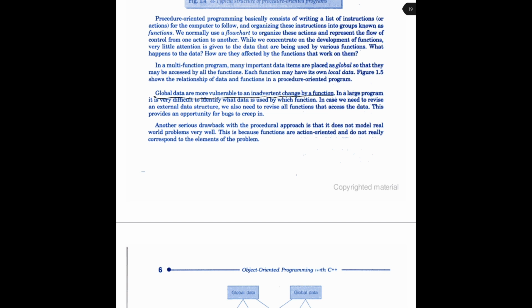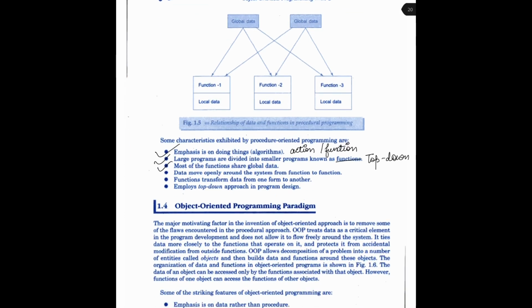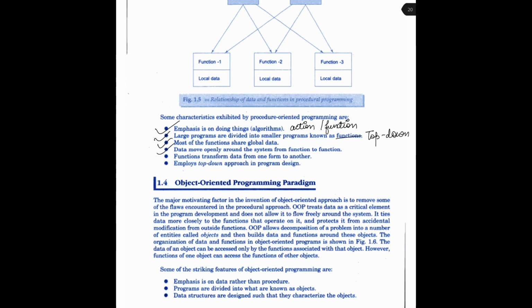It becomes very difficult to debug which function is causing that inconsistency or that bug, and it will also increase your maintenance cost and affect your system reliability, etc. The next point is data move openly around the system from one function to another, as I have mentioned before.